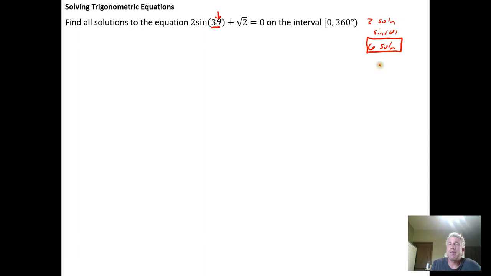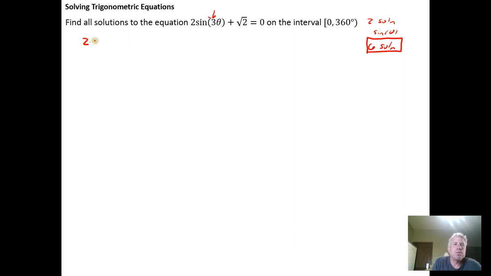A smart thing to do, which I'm not going to do in this video, but it's wise if you're working through homework, is to graph the equation over the interval you're interested in. You set your window to this input interval, and you can count how many solutions there are, as a way to warm yourself up before you start the solution process. But I'm expecting 6 solutions on this interval because of this multiplier of 3 making things happen 3 times faster.